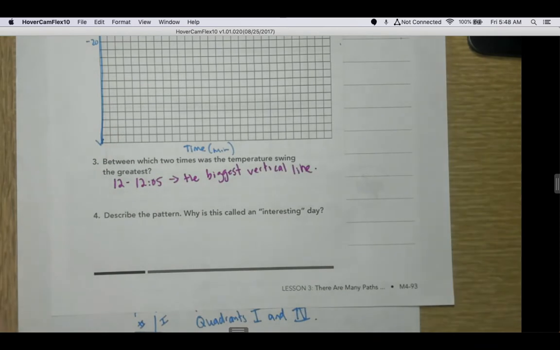Okay. Describe the pattern. Why is this called an interesting day? Okay.